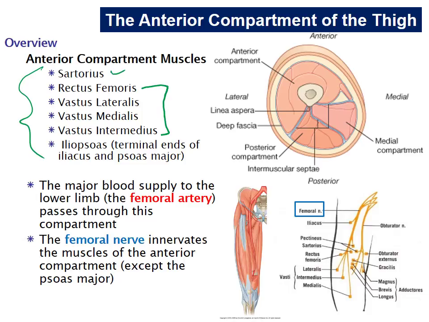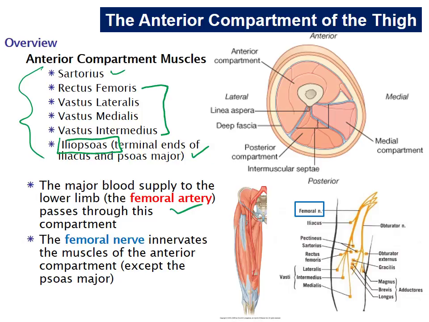Plus we have the sartorius, and then we just saw the iliacus and psoas muscle coming together to form a single muscle called iliopsoas. So how do we deal with that in the gross lab? Well, if we're in the pelvis, we call it iliacus or the psoas muscle. If we're in the thigh, we call it the iliopsoas.